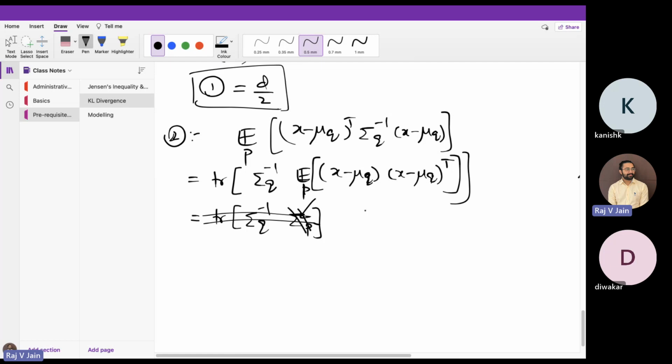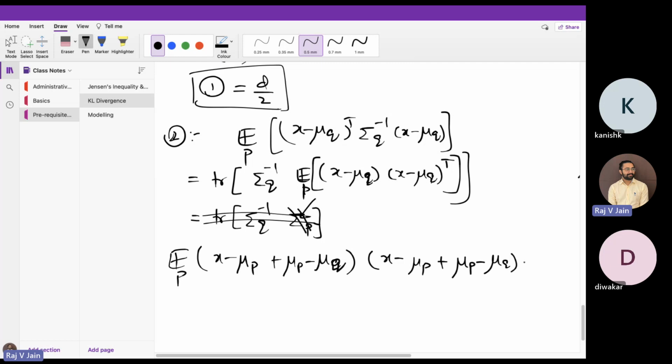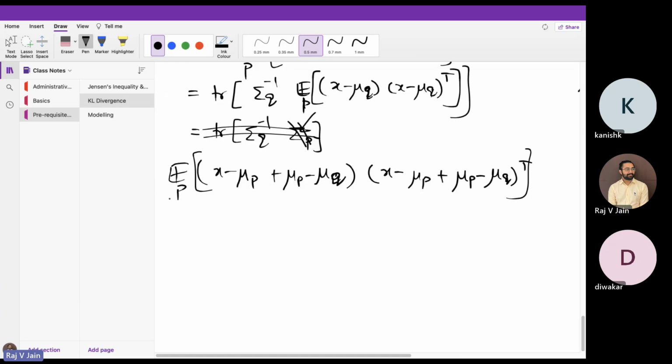One very simple thought process is that we just subtract and add mu P to make it simpler. So we look at that term: x minus mu P plus mu P minus mu Q, into the same thing transpose.